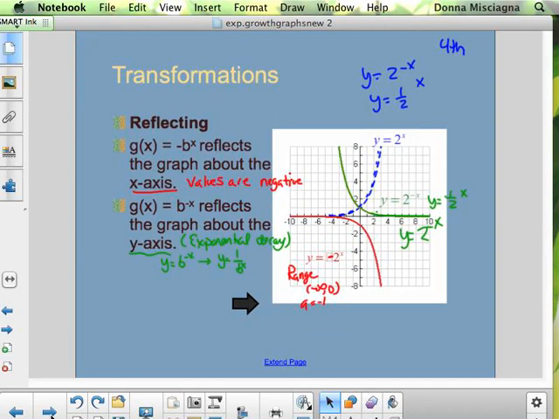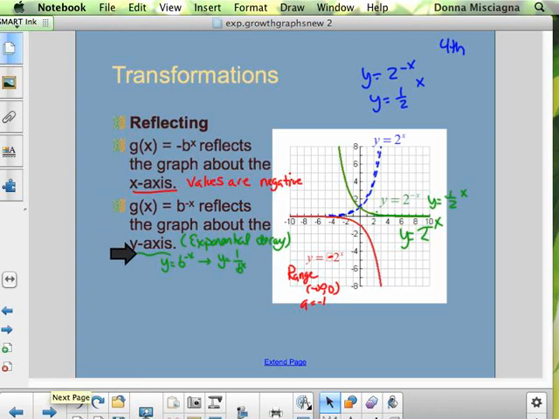Reflections. All right, so if there is a negative in front of the base, it's going to reflect the graph about the x-axis. All the y values are now going to be negative. If the negative is on the exponent, it reflects the graph about the y-axis, and actually it just changes it to exponential decay.